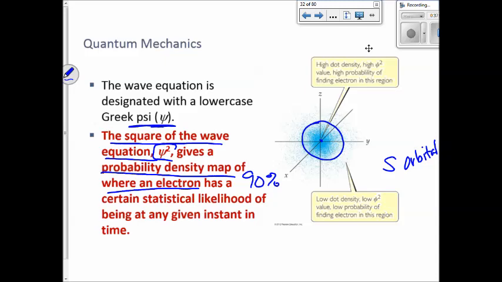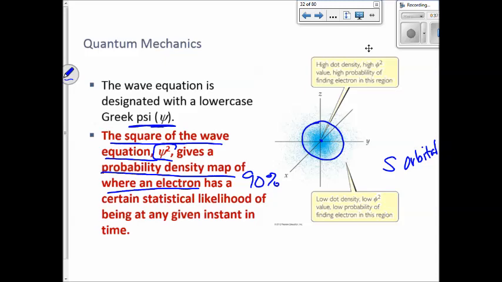His wave function is a very high level bit of physics that we're not going to get into, way beyond the scope of this course. It allows us to see these densities and predict where the electrons are going to be 90% of the time.